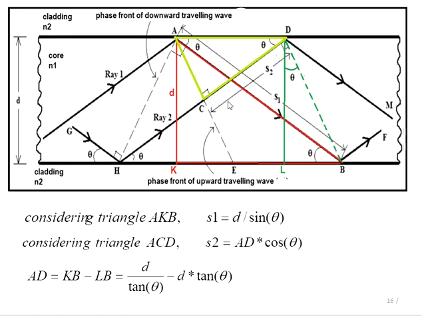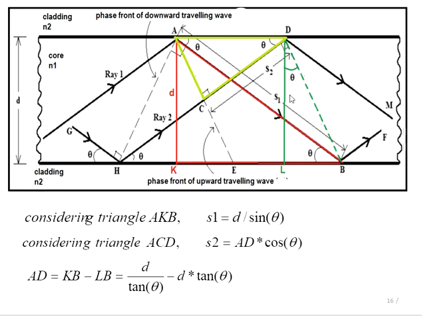Again, to find KB, we can consider the right angle triangle AKB, where KB is given by d divided by tan theta. To find LB, you can consider the green triangle DLB. The angle at point D is also theta, and the height is nothing but d.